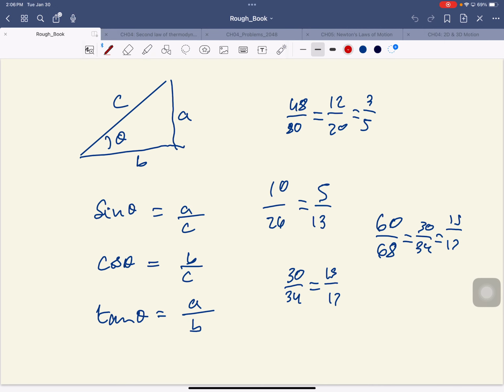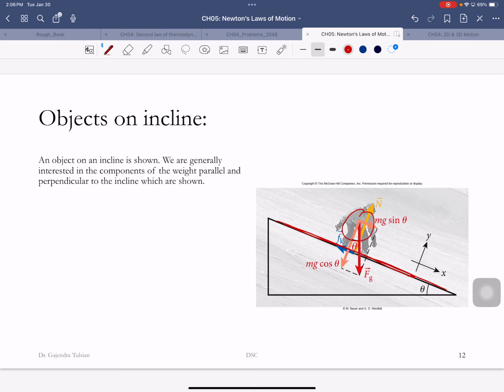Okay, I'm going to redraw this thing. Make sure you understand this. So there's the slope. The slope is given by that angle. And we'll represent this guy by a point.